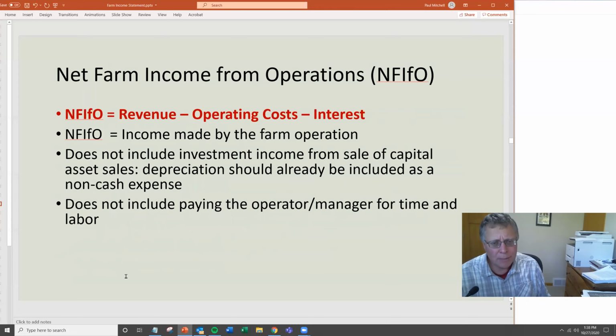Net farm income from operations is revenue minus operating costs minus interest. Operating costs are all those expenses, cash and non-cash ones you decide to include. I've separated interest out from all those just because we're going to need to account for it later. It does not include investment income from the sale of capital assets.